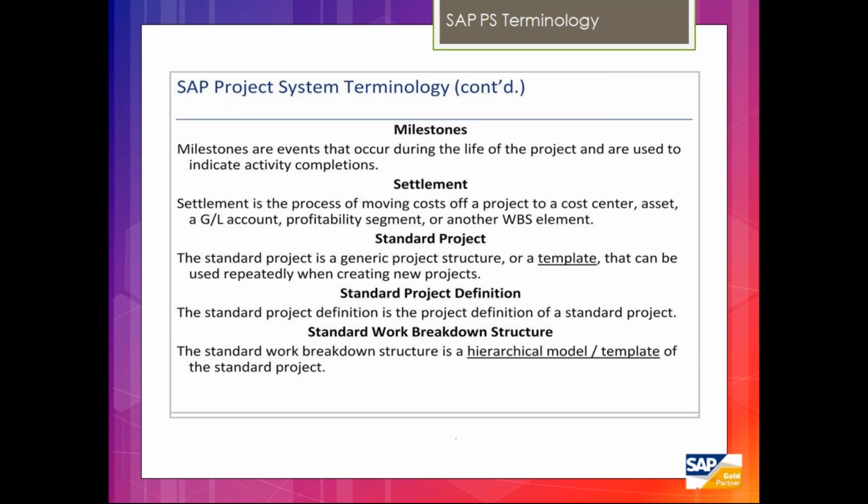For that, the milestone has to be confirmed from the PS side so that the billing can be raised further. Then the period-ending processes like result analysis and POC calculation, settlements, will all be due at period end or maybe year end, as per your business requirement.